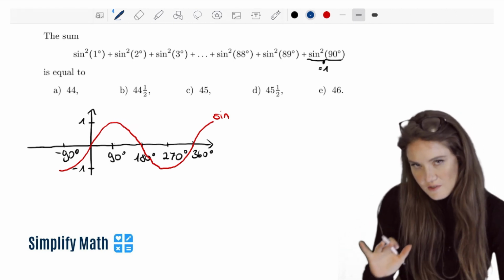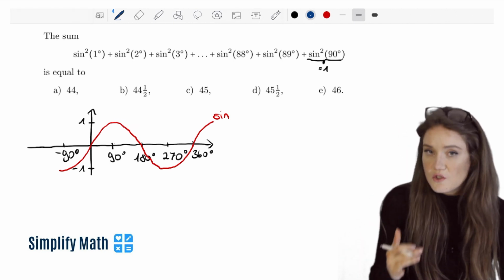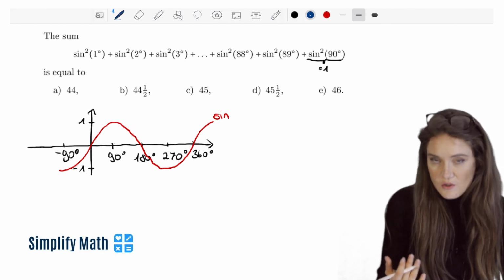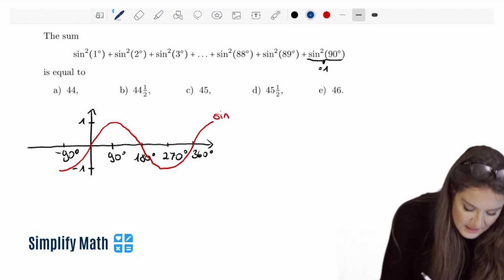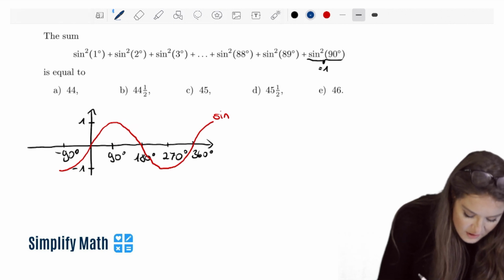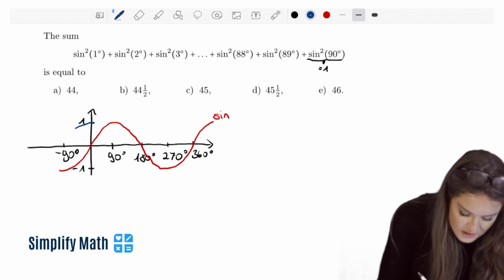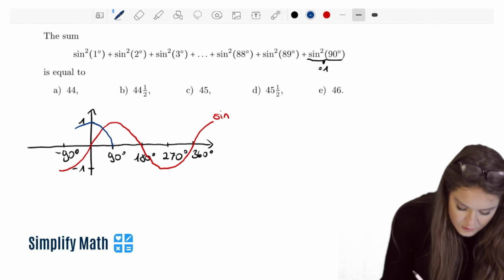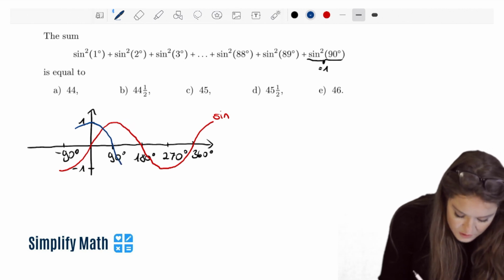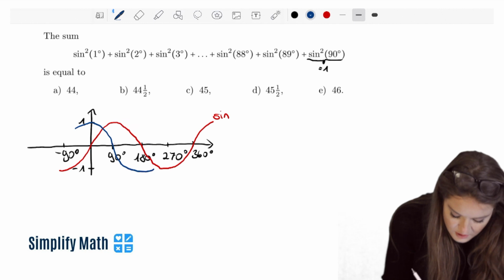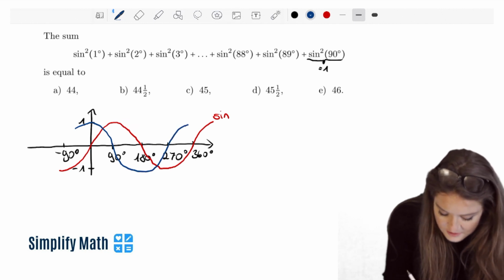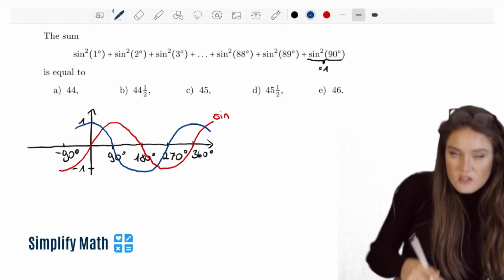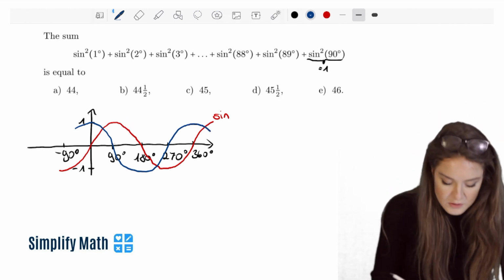Well, if you do know approximately how the graph of the sine function looks like, you also know how the cosine function looks like. Because like the sine function, the cosine function is a periodic function that also goes up and down in the interval of -1 till 1, and actually looks exactly like the sine function, only that it is shifted a little bit.